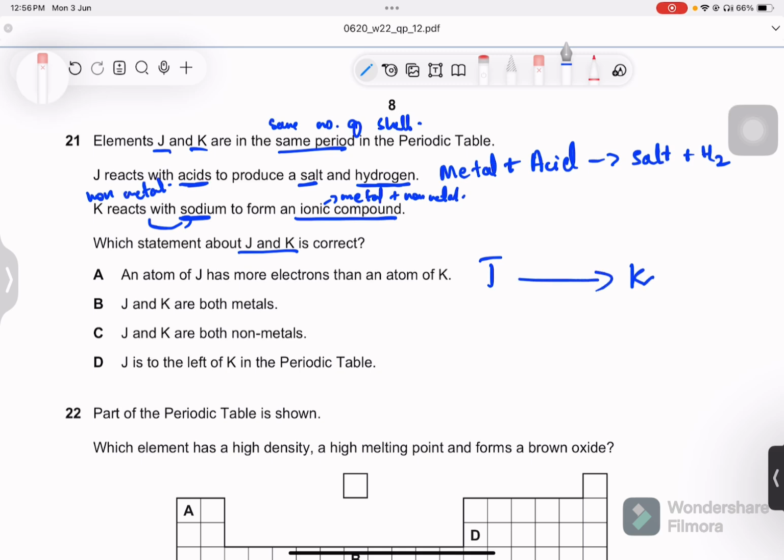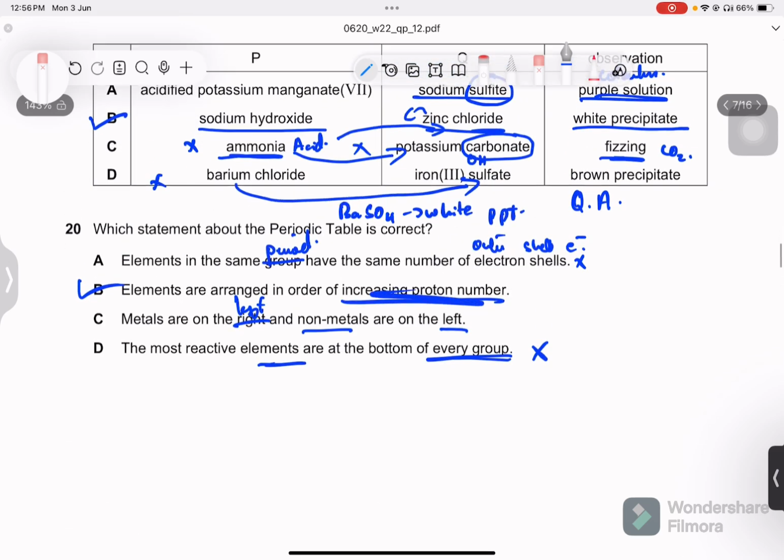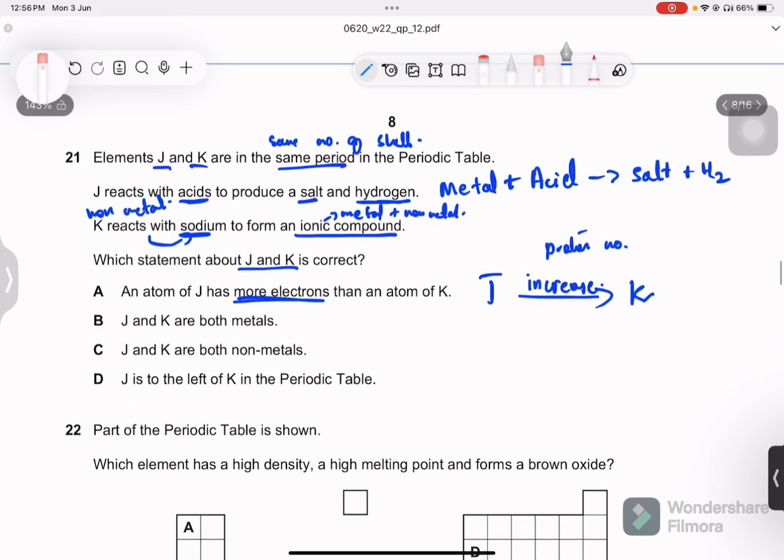Along this, the number of electrons increases, which is proton number. Increasing proton number means proton number is equal to the number of electrons in a neutral atom. So the atom of K contains more electrons than J.